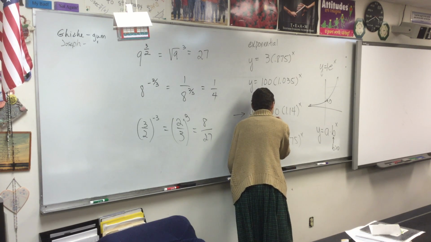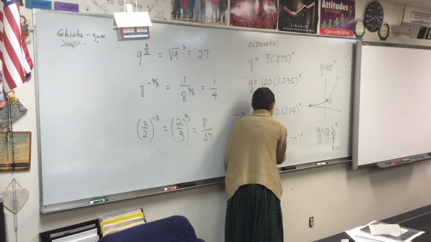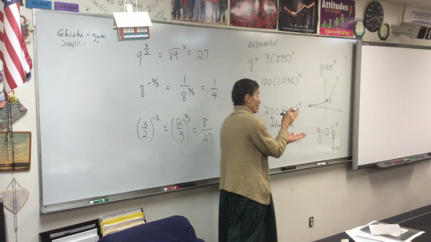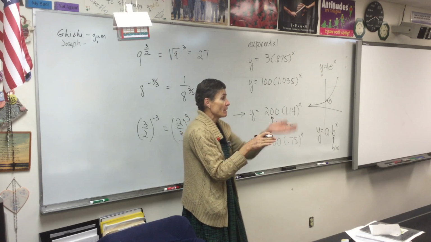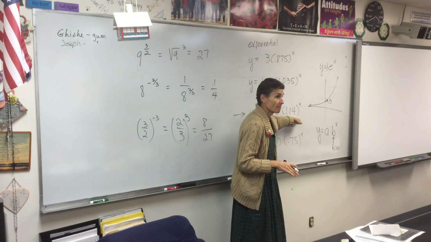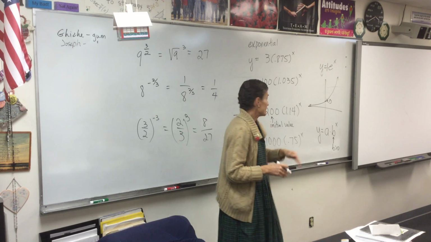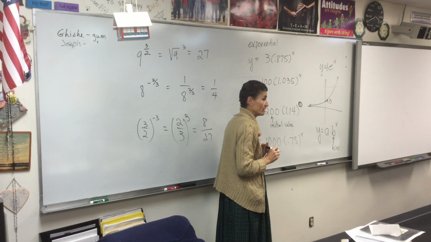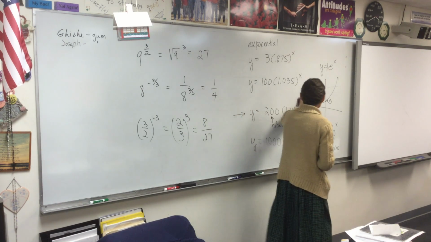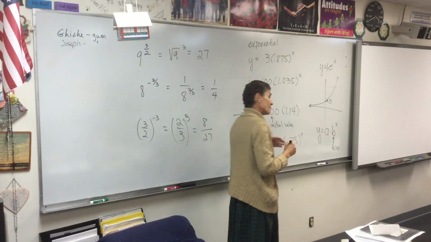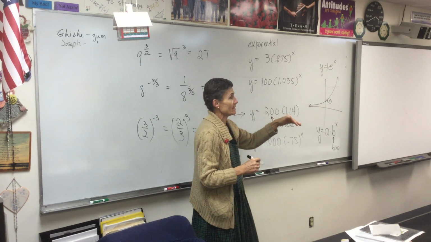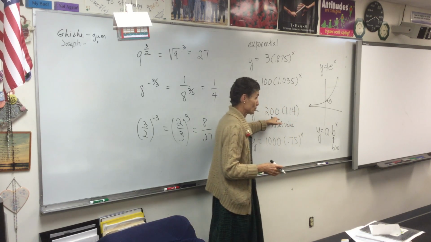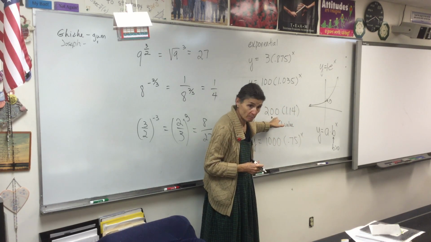That is why this number, A, is called the initial value. It is the original value before you start multiplying by 1.14s. If you don't multiply by any 1.14s, you get 200. That's called the initial value. So if this equation represented a population of a city or something, we would say, well, we're starting with 200 people.